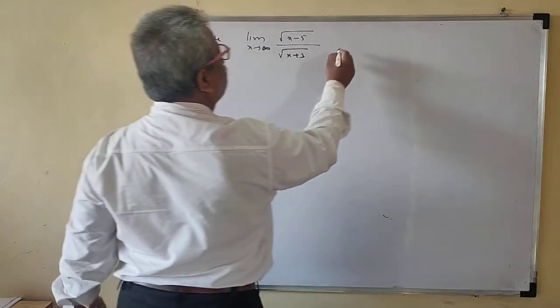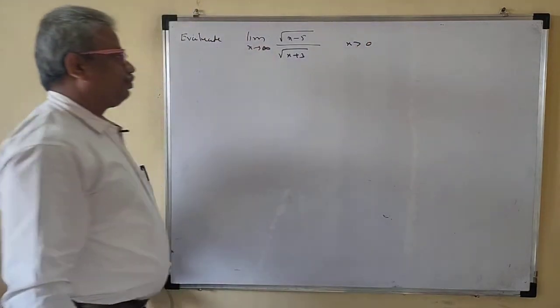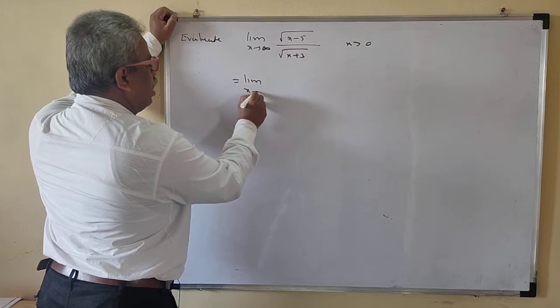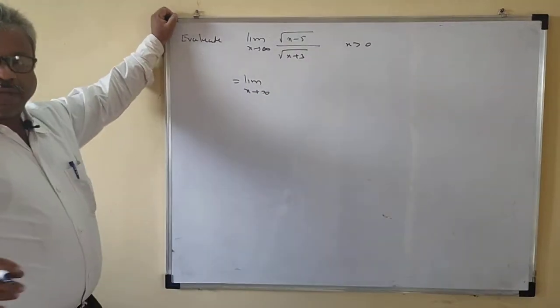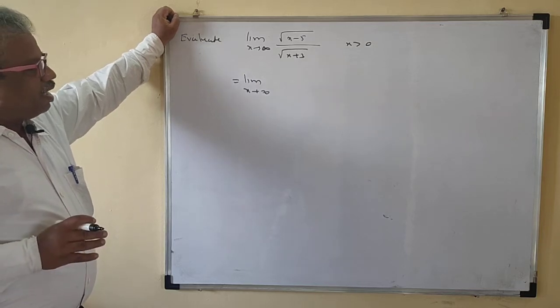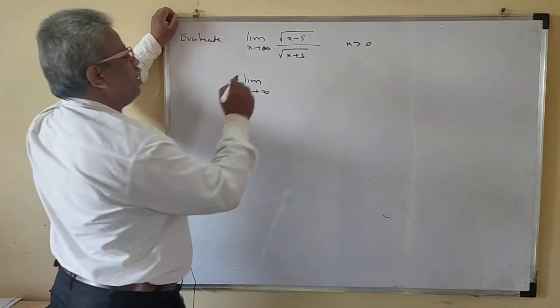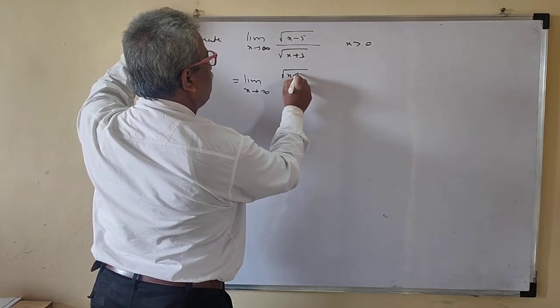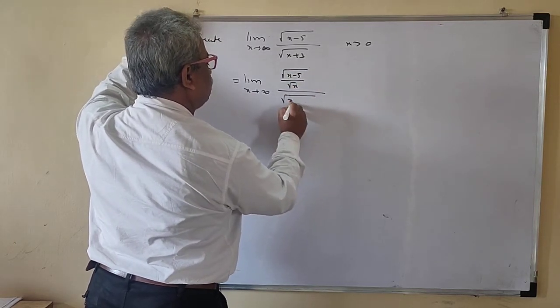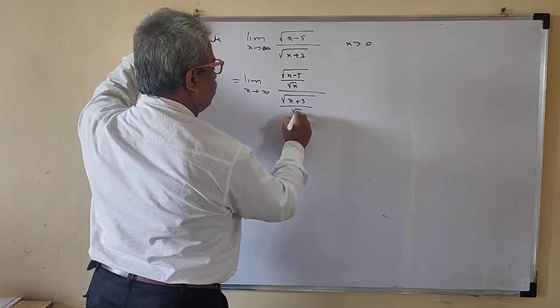So x is greater than 0 is provided to you. So this is what we'll do. Limit x tends to infinity. The maximum power of x is half here, so we'll divide by root x both the numerator and denominator. So this is (x minus 5) upon root x, and (x plus 3) upon root x.